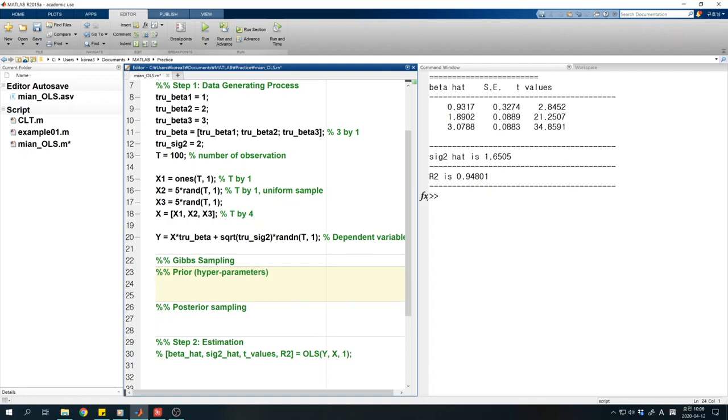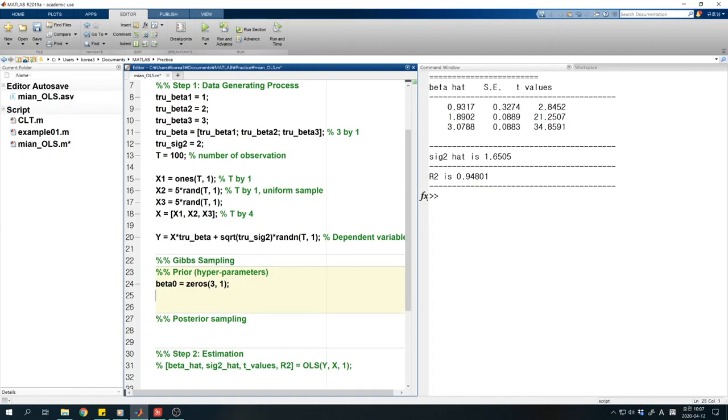First of all, beta 0, which is the prior mean. We don't have any specific prior information for the betas, so usually the prior mean of beta is specified as zeros. And how many parameters? We have three parameters here, three betas, beta 1, 2, and 3, so zeros 3 by 1.